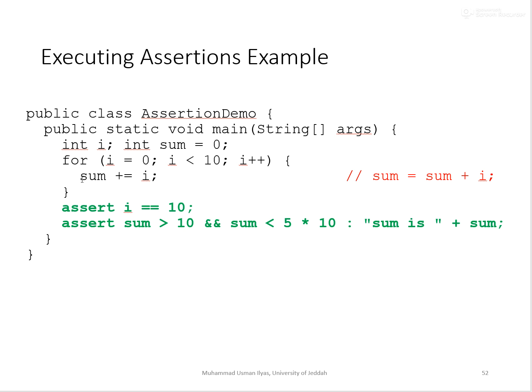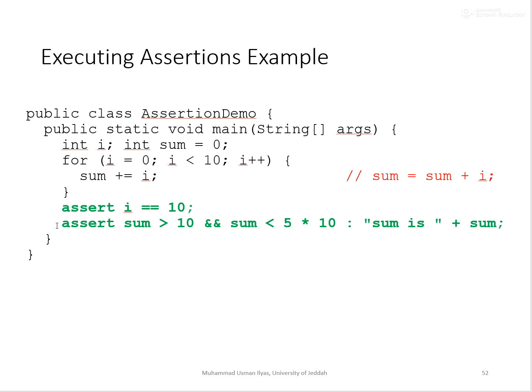And sum is adding the value of the loop counter i in each iteration of the loop into sum. So after we come out of the for loop, we expect that the value of i will be equal to 10, as the condition necessary to exit the for loop.